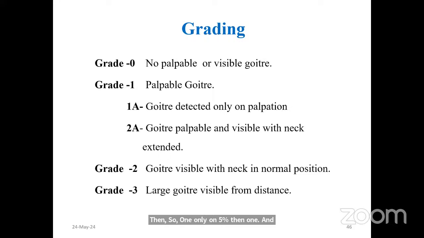If the goiter is palpable and visible with the neck extended, then we can give grade 2A. Grade 2 is mainly when the goiter is visible with the neck in normal position, and when it is a large goiter visible from a distance without a specific position, we can say it is grade 3 thyroid. Next.